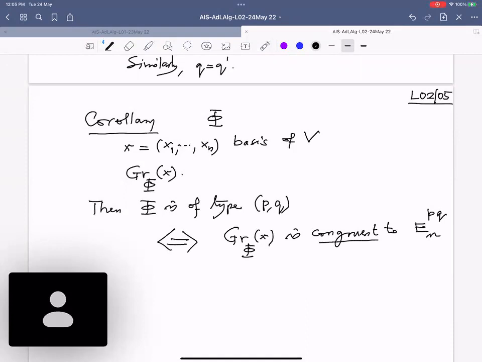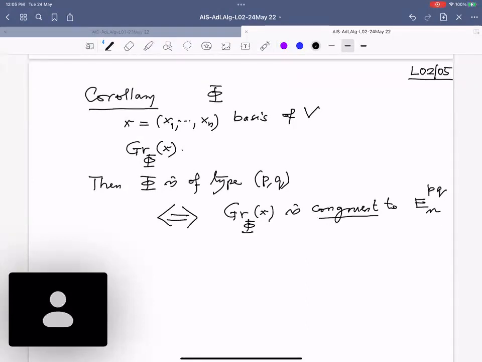What does congruent mean? I think you know it. When do you say two matrices are congruent? So if I have two matrices, this matrix Gr phi X and this matrix, how are they related? That is A transpose times A bar.